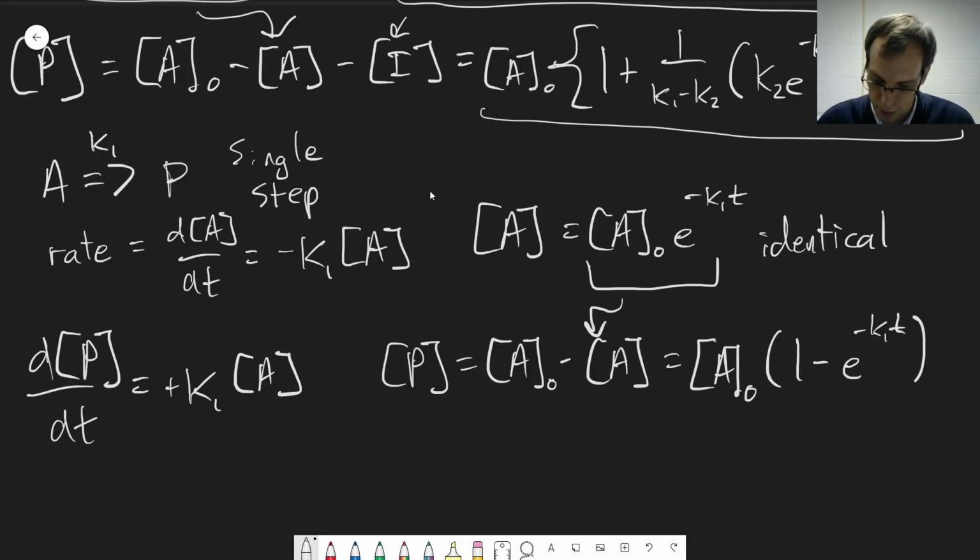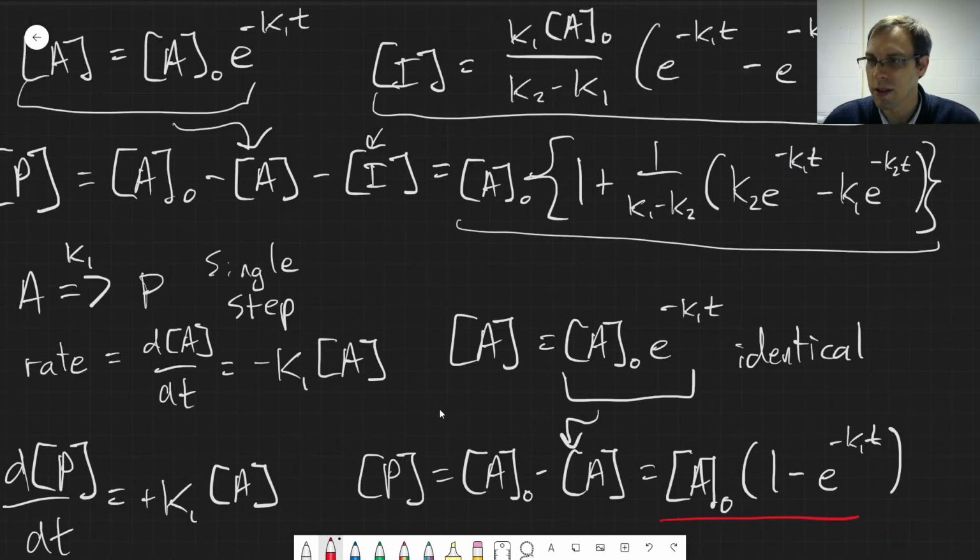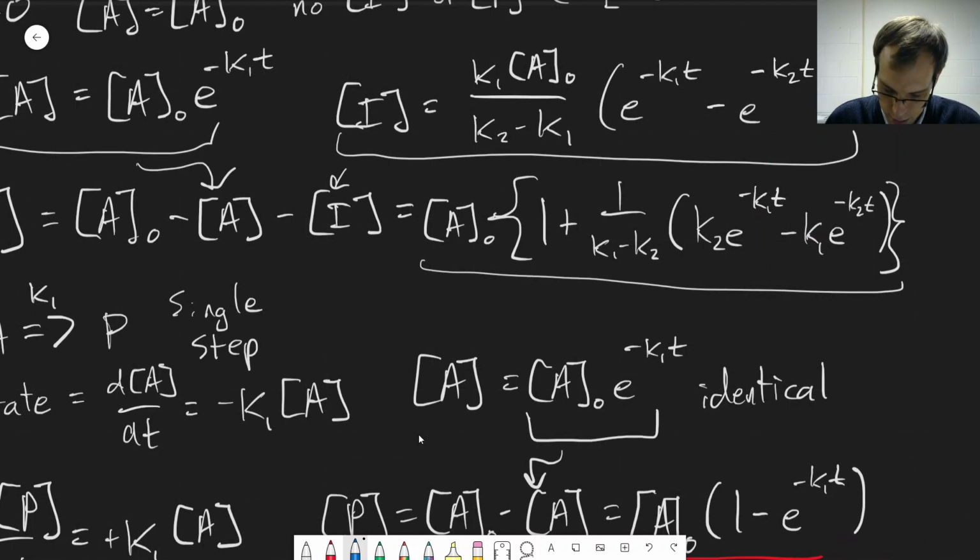That just comes from plugging this in. We factor out the A naught, and we get this expression here. Obviously, this expression here, I'll underline in red, looks very different than the other expression. This is the product expression right here. So we can see there is a difference here.